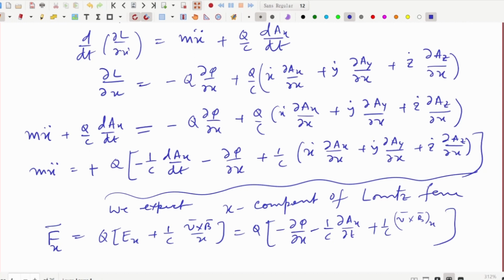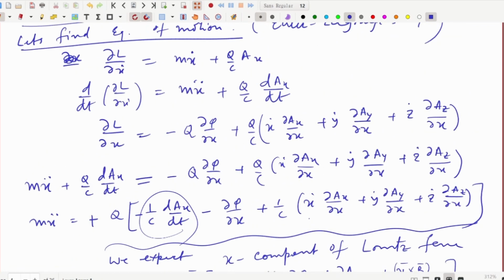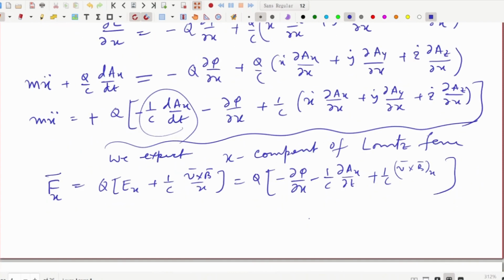We have calculated v cross B x component earlier, so you can find that. Again, what we will do is replace this term in the partial derivative term, using the equation from the last lecture. If you recall, the 1 over c dAx/dt term is basically 1 over c ∂Ax/∂t by the chain rule of differentiation, because Ax is a function of x, y, z and t.